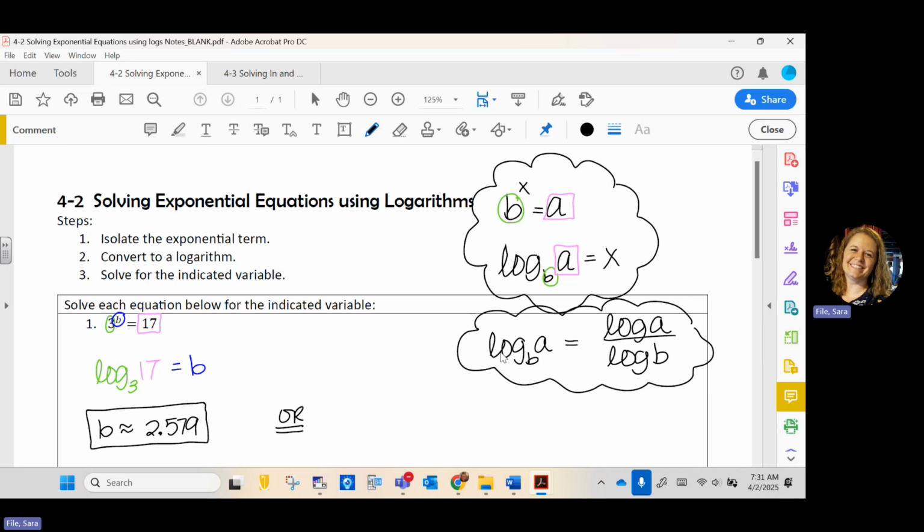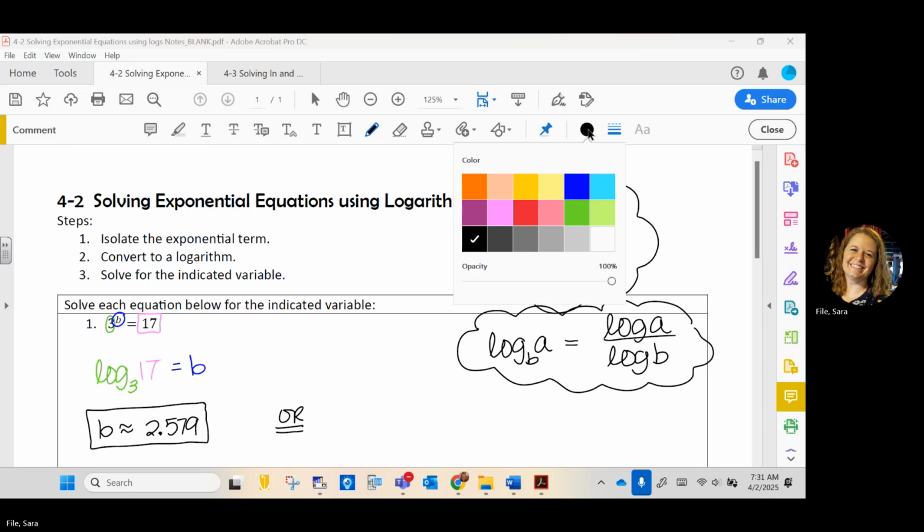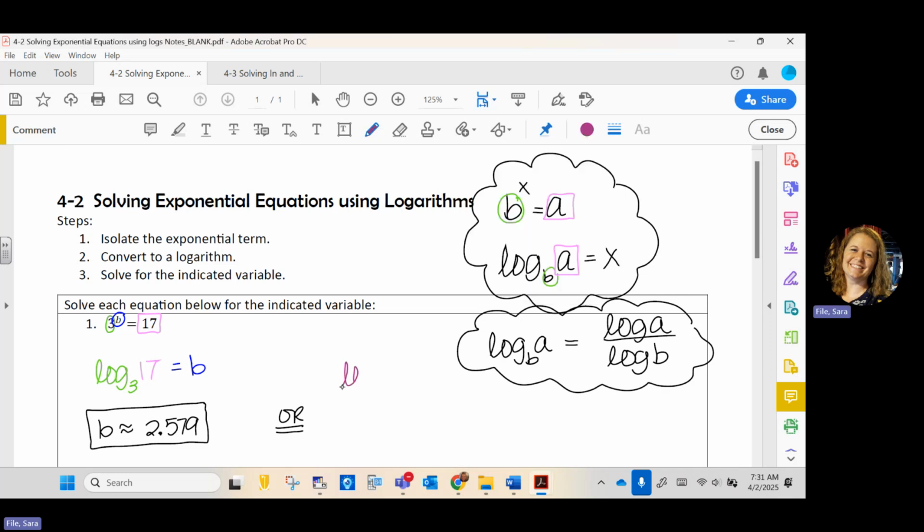So instead of typing a base on a log, you could plug this in as log of 17 over log of 3. That would technically be a correct answer as well.